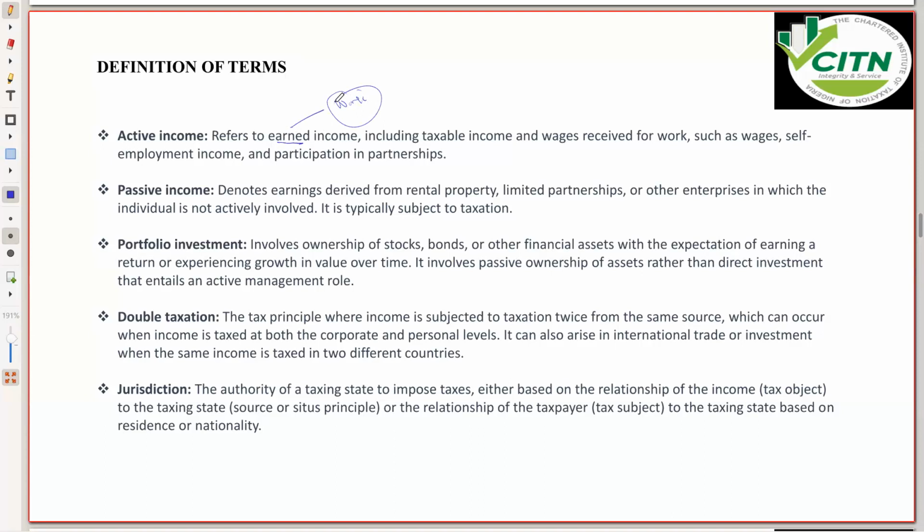And so this would include your wages received for work, self-employment income, participation in partnerships. So the income you earn from exerting physical efforts, that is called active income. And this income, except where specific rules exempt it, will be subject to taxation.